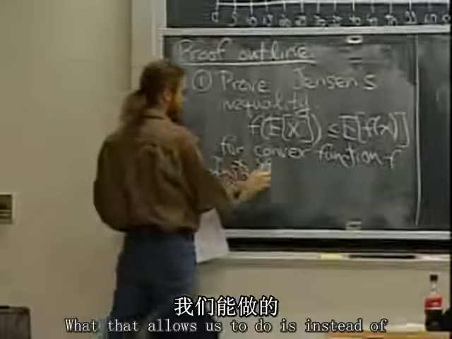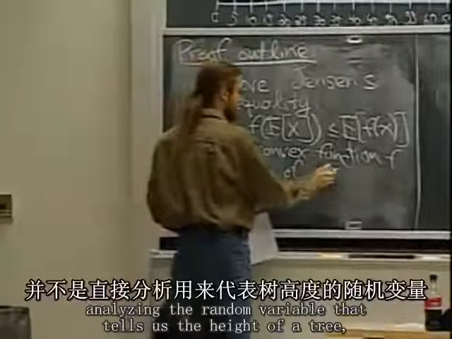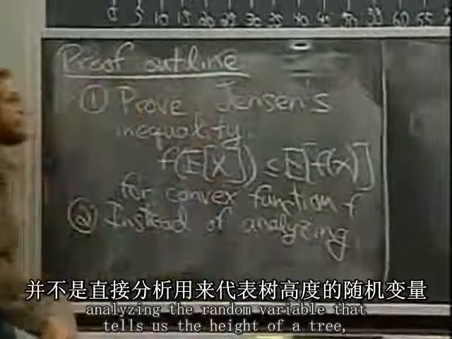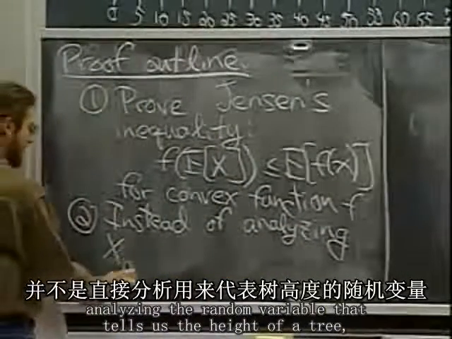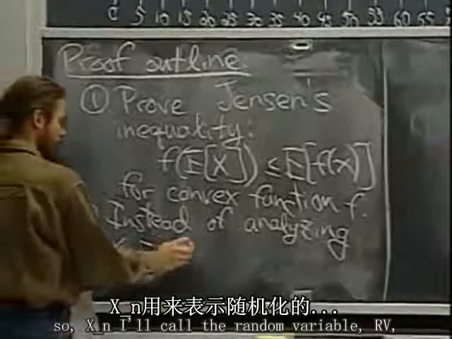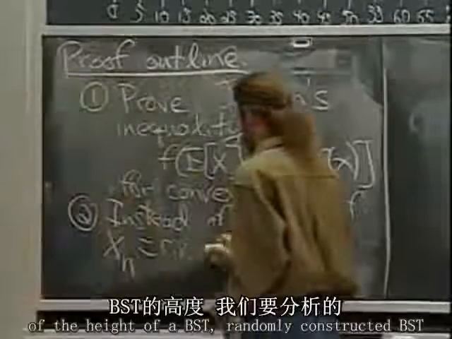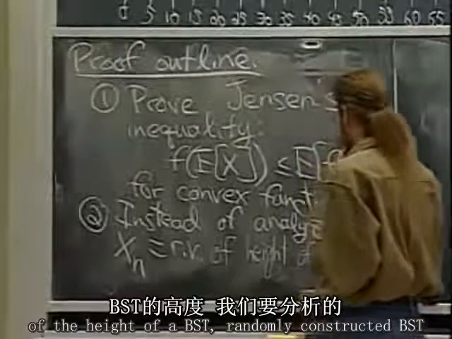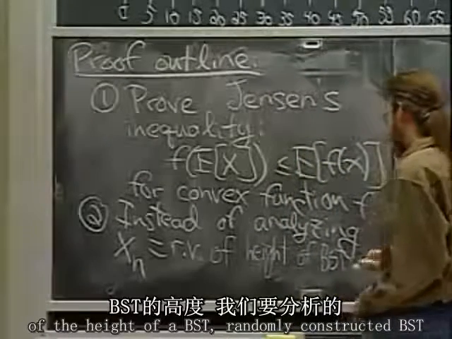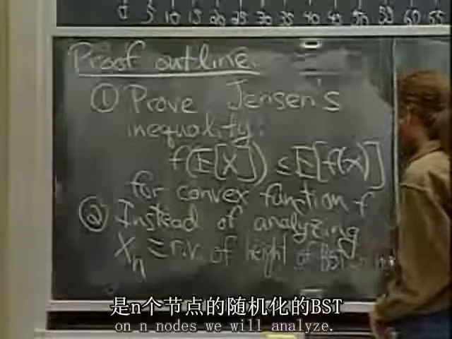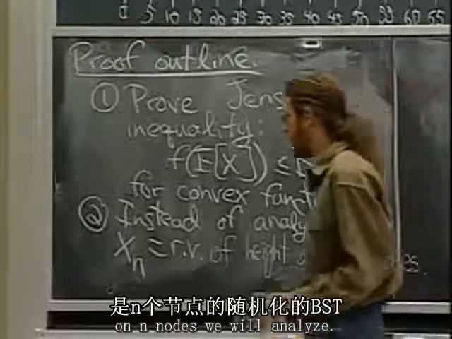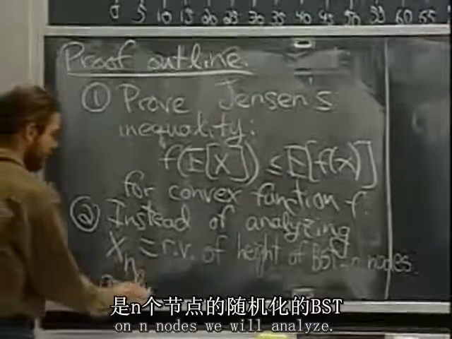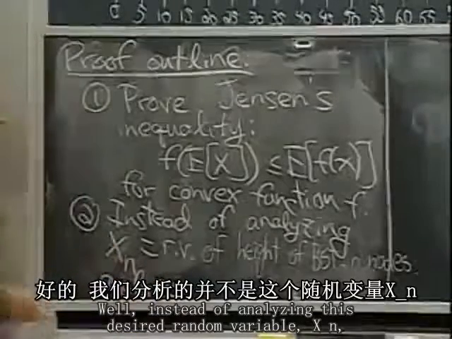What that allows us to do is, instead of analyzing the random variable that tells us the height of a tree, so Xn, I'll call the random variable for the height of a randomly constructed BST on n nodes, we can analyze any convex function of Xn.